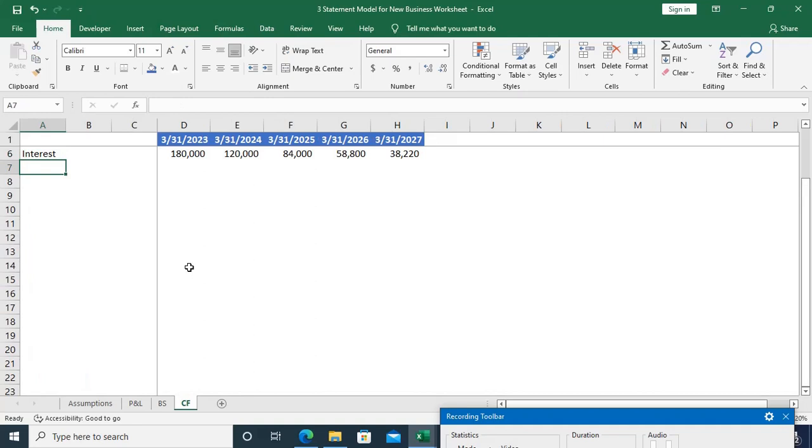Interest, we have taken the interest part. Now cash before impact of working capital we can get. This is the cash flow from operation before working capital changes.